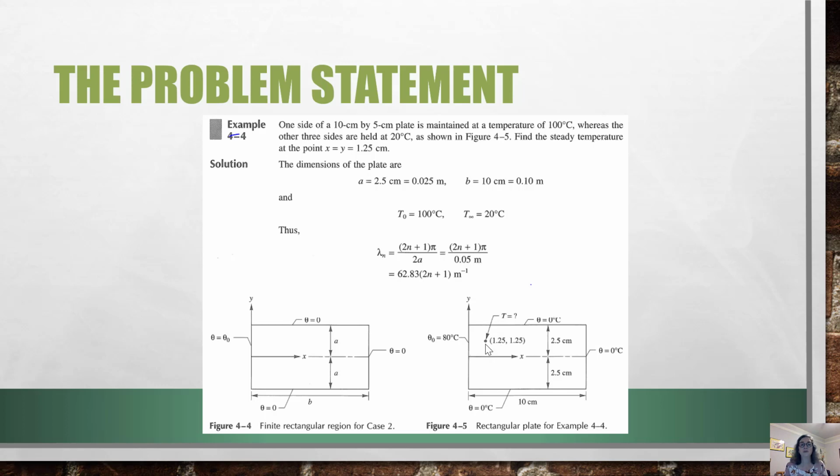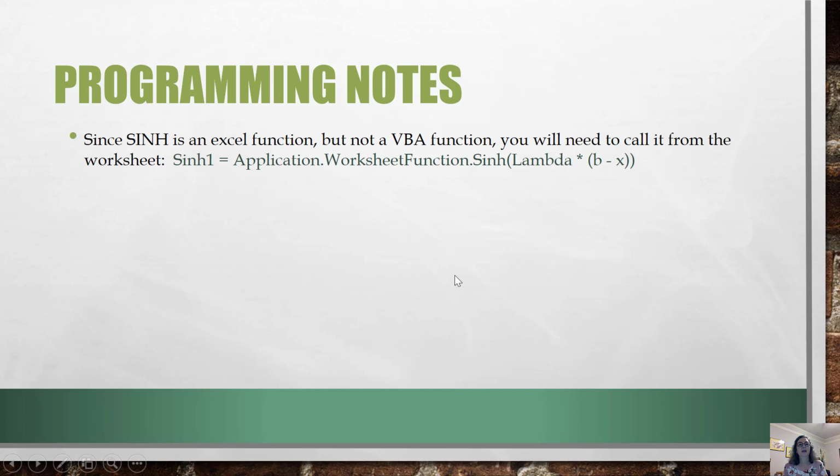Right, we need to be sure that we're working in the same units, meters. And so you should be able to program this using the code that we developed in the lessons this past week. Now I'm going to give you some kind of programming notes here.